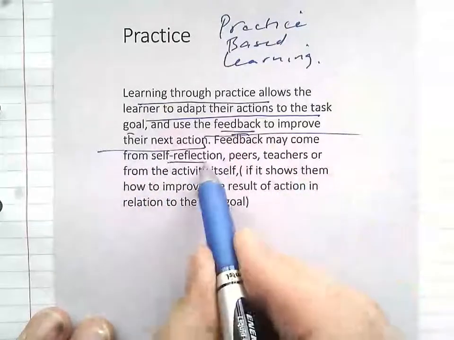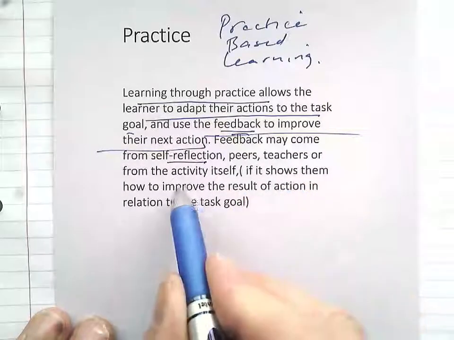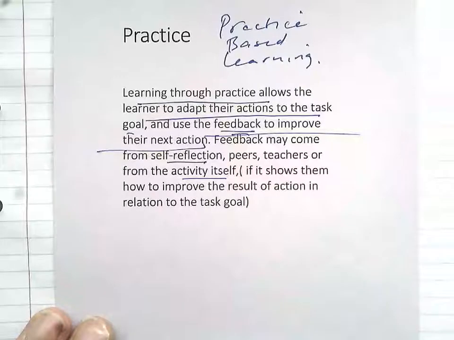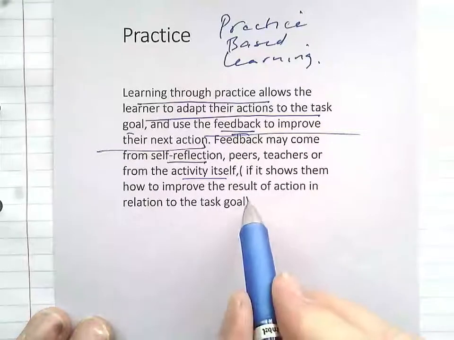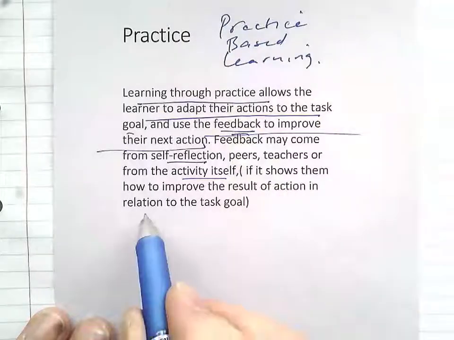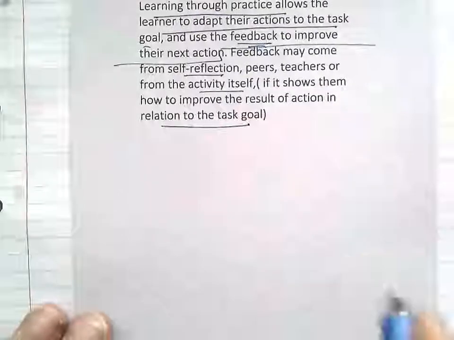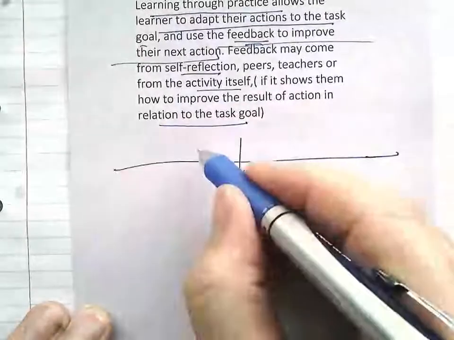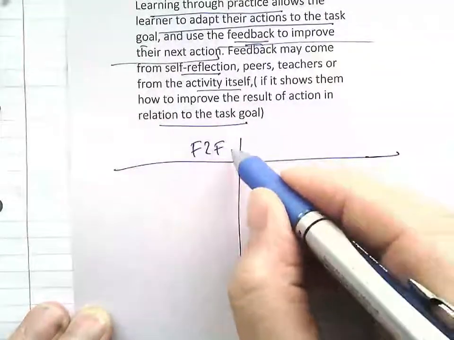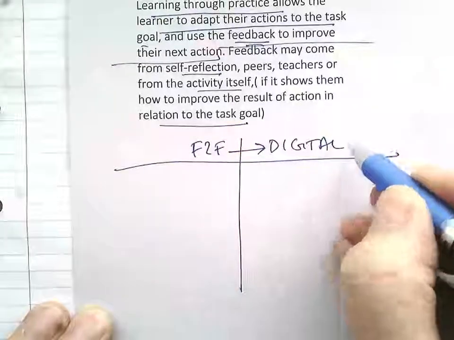Okay, feedback may come from self-reflection, peers, teachers, or from the activity itself, if it shows them how to improve the result of the action in relation to the task goal. Oh, a little bit of complex reading there, but what is done face to face has a large measure here of shifting to the digital.